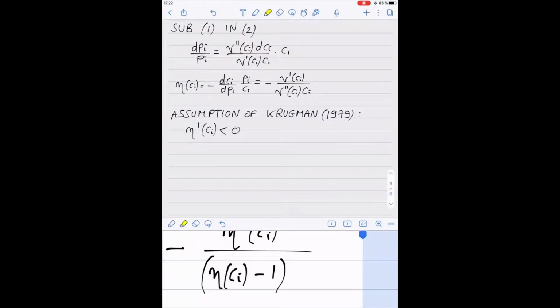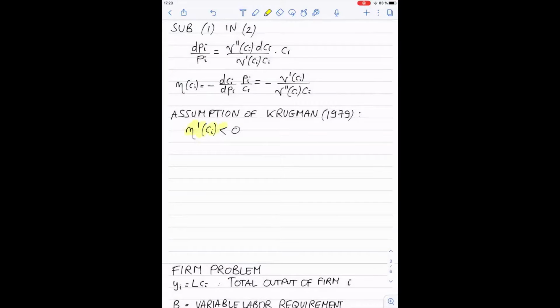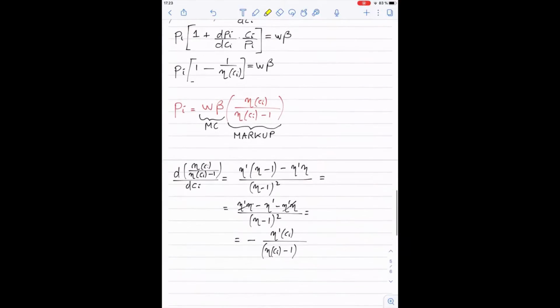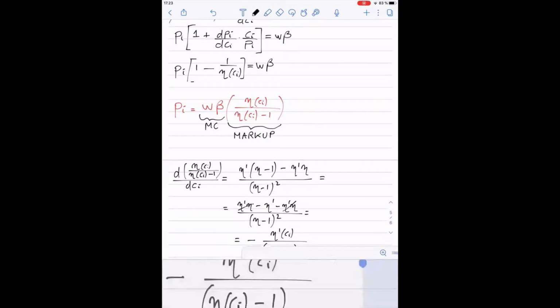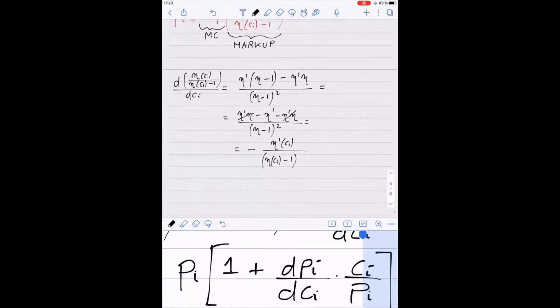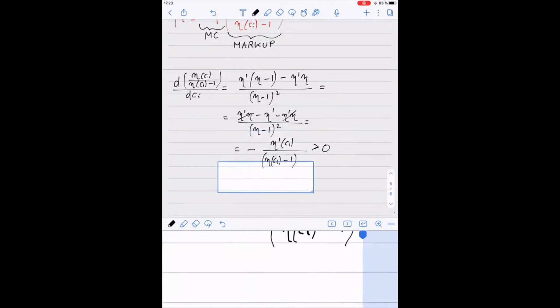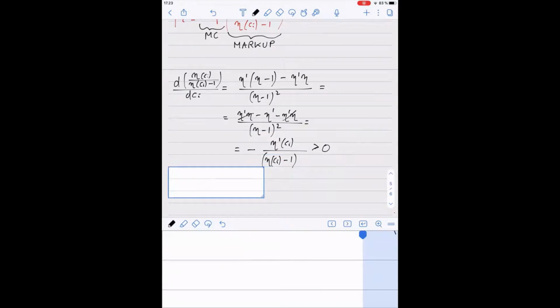We have assumed that eta prime is less than 0. And therefore, if eta prime is less than 0 and you have a minus sign before eta prime, what you get is that this term here is positive. Okay, so markups increase in CI. So if CI increases, markups go up.